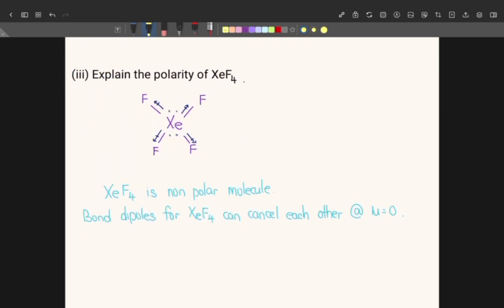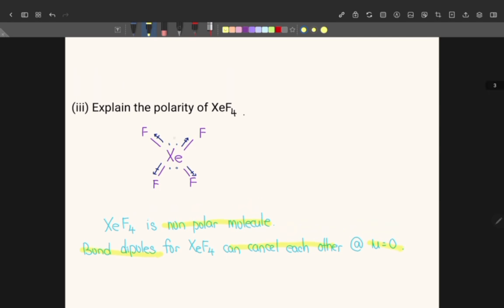Then we want to explain the polarity of XeF4. XeF4 is a non-polar molecule. The bond dipoles for XeF4 cancel out each other, or you can say mu equals 0. Why? Because you can see here a lone pair, and downward also a lone pair. So the lone pair and lone pair cancel out each other.